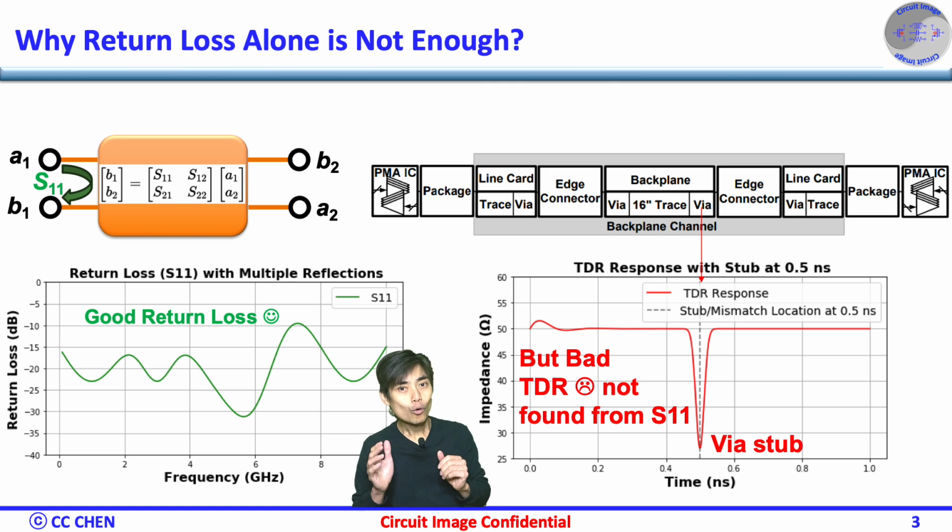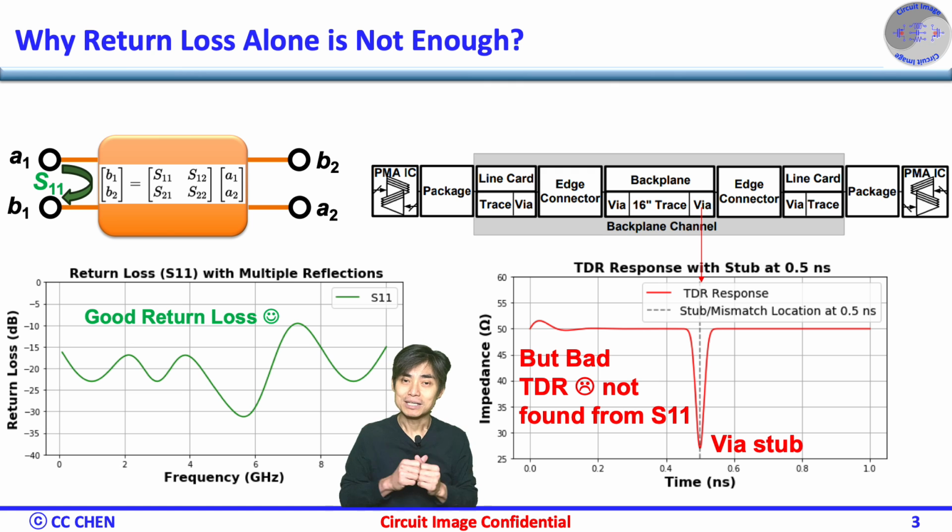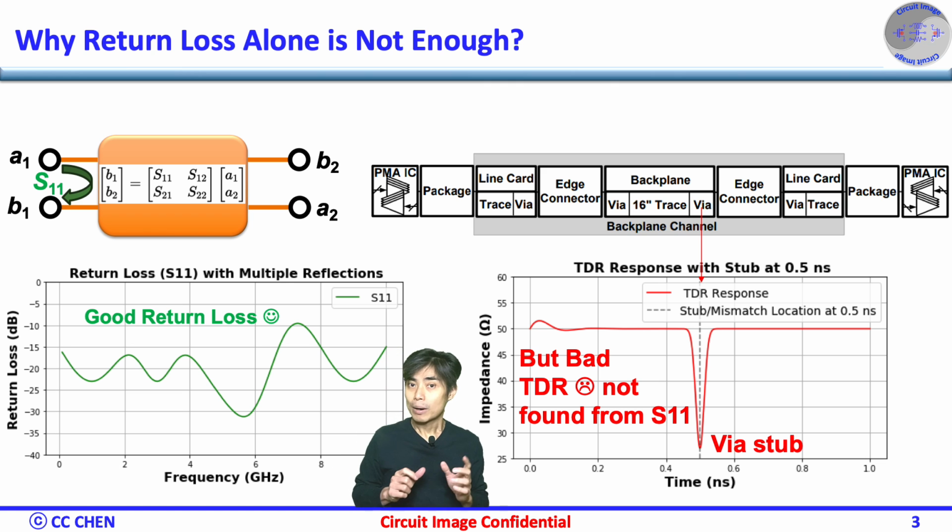Even with low return loss, mismatches at specific points can destroy signal. SerDes systems operate at very high speed, where every small impedance change matters. A via stub may be invisible in return loss, but create reflections in the time domain. The interaction of reflections can cause ISI, jitter, and eye closure.